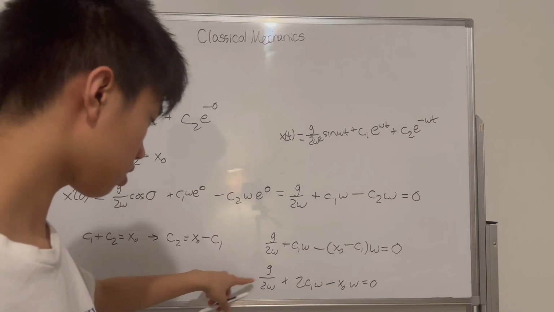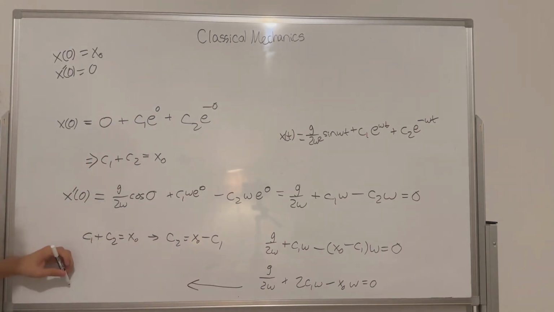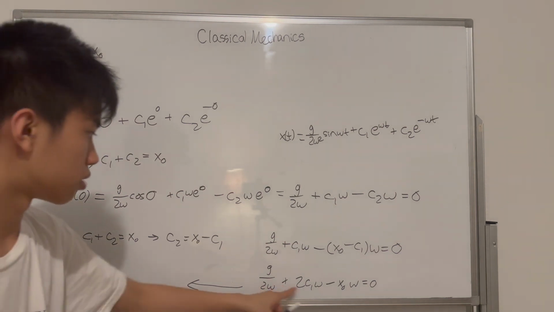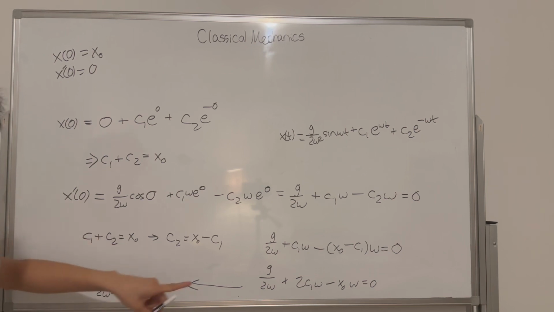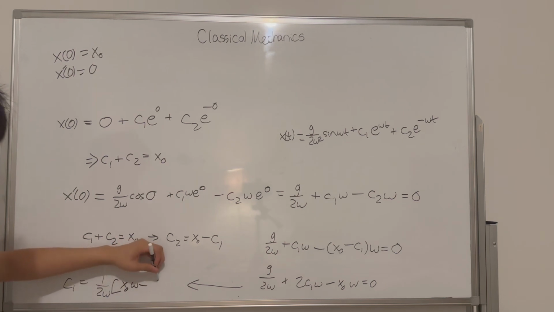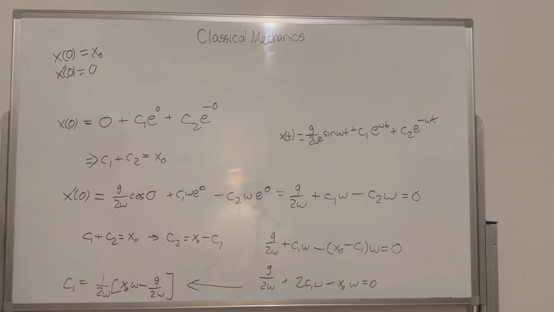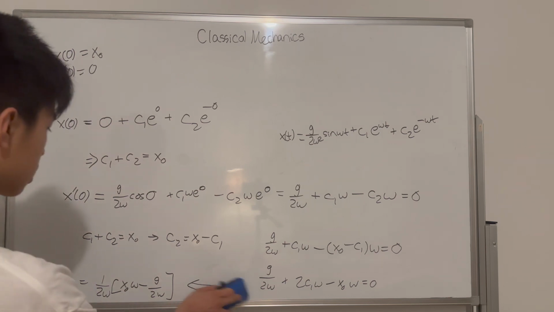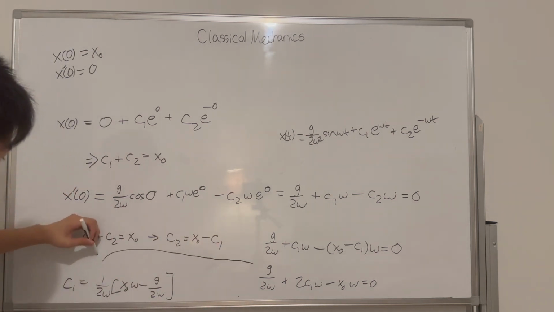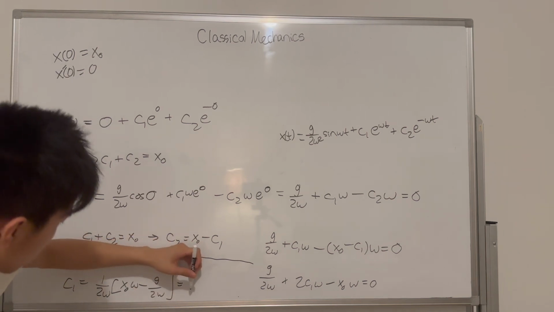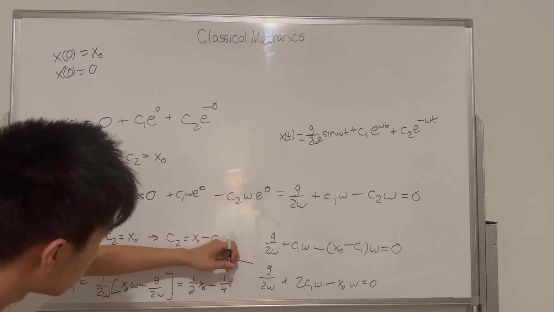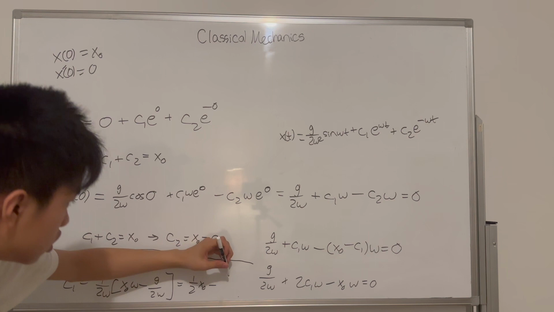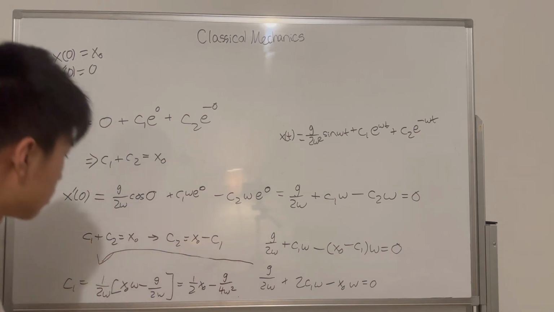Then here we would find that doing the algebra, c1 is equal to 1 over 2 omega times x naught omega minus g over 2 omega. We can just simplify this out here. Let me just draw an arrow to indicate that this is the sequence of steps. It looks a bit confusing, so then we get 1/2 x naught minus g over 4 omega squared.